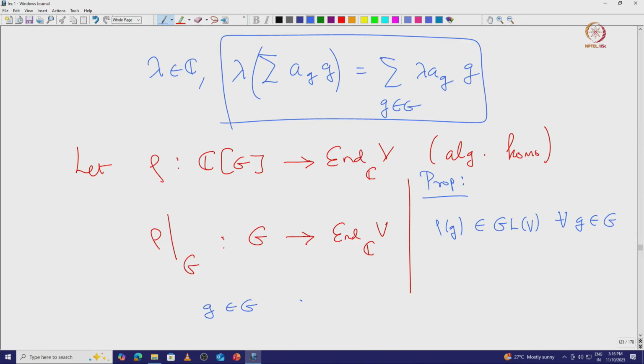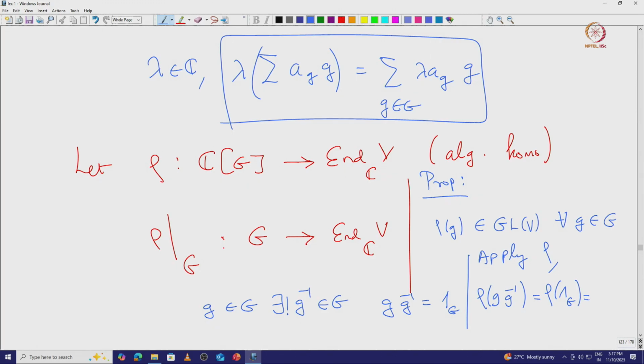Given g in G, we know that g inverse exists inside G such that g g inverse is the identity element of G. Now applying rho, you can see that rho of g g inverse is rho of 1_G, but 1_G is the unit element inside CG. So, 1_G is mapped to the unit element in End(V), which is exactly the identity map on V.